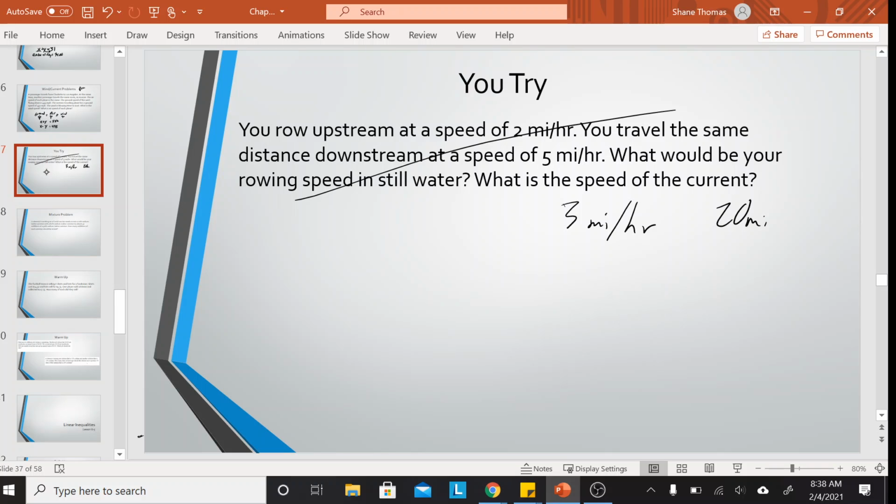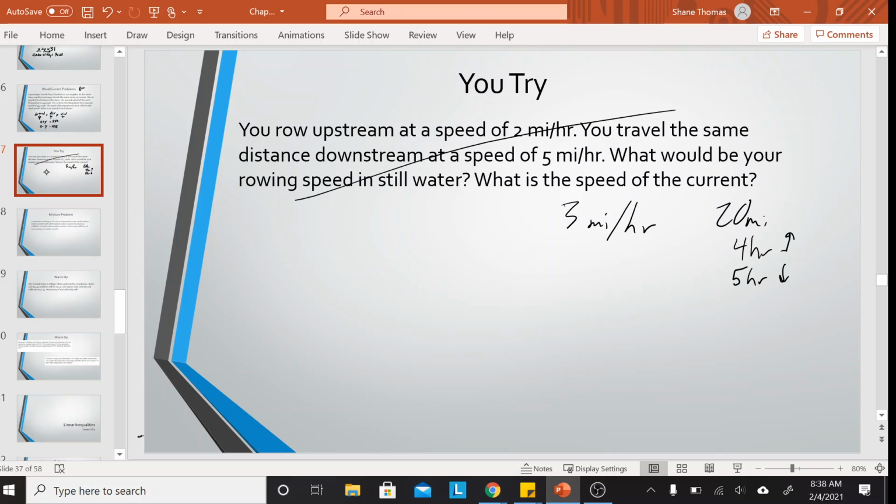So, you know the current is 3 miles per hour, and you're going the same distance up and down. How much more do I have to give you? This takes 4 hours. So it takes 4 hours up and then 5 hours back.